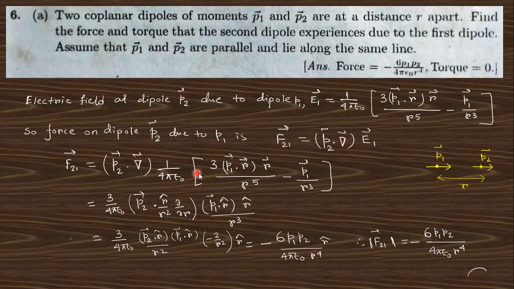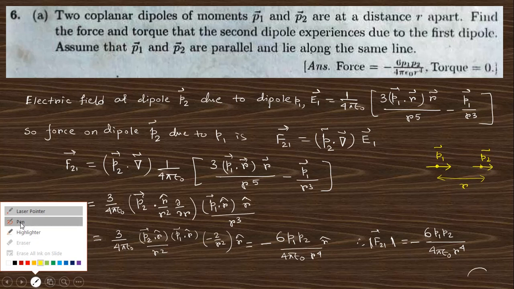If you put this value in this expression, only r will be variable; the others are constant. So you will write it down as this expression. These are parallel, so their cos 0 is 1, and this 2 gives you P1 P2.